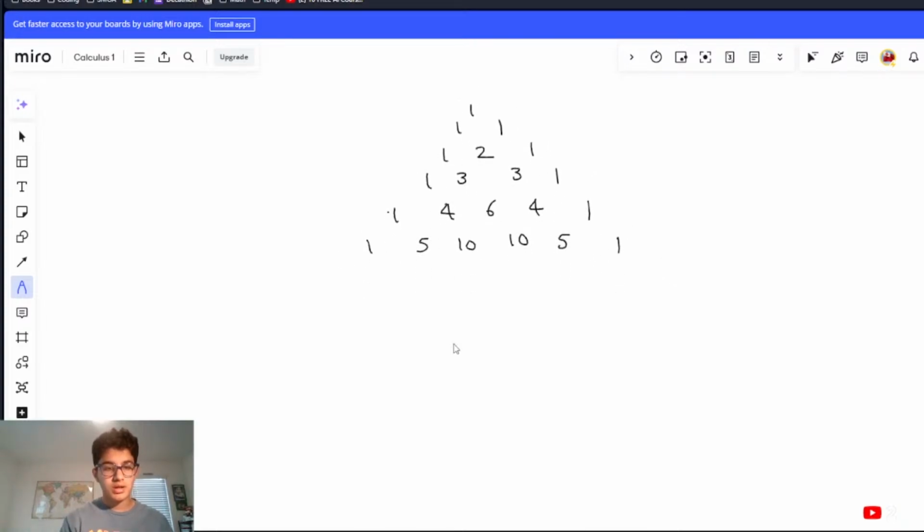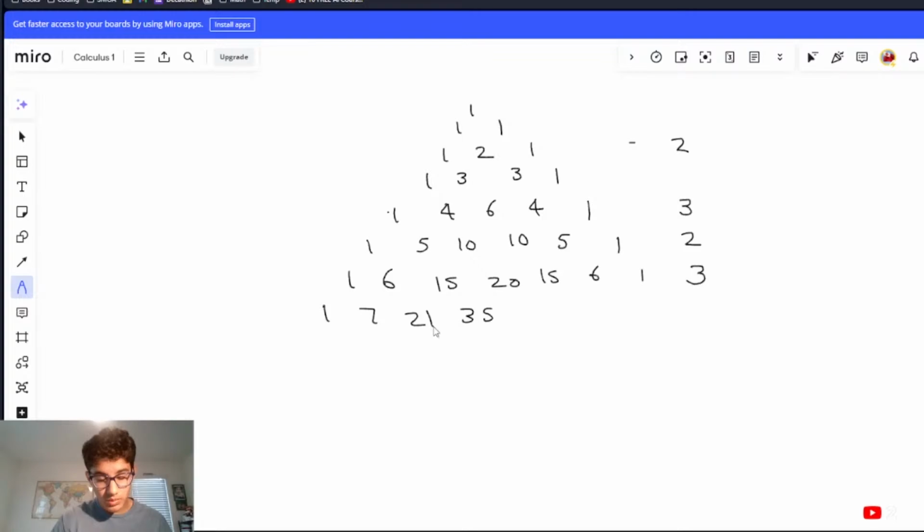Like basically, okay, over here there are 2. Then over here there are 3. Over here there are 2 again. Here they're going to be a lot more. 15 20 15 6 1. Over here there are 3 again. In the next one we'll have 7 21. This will be 35. Wait, yeah, 35 35.